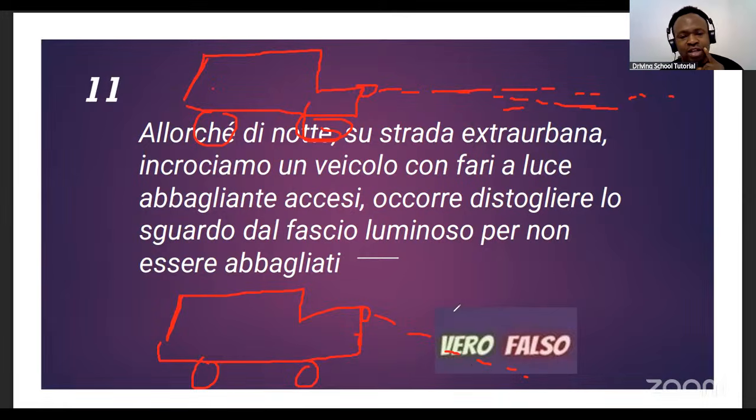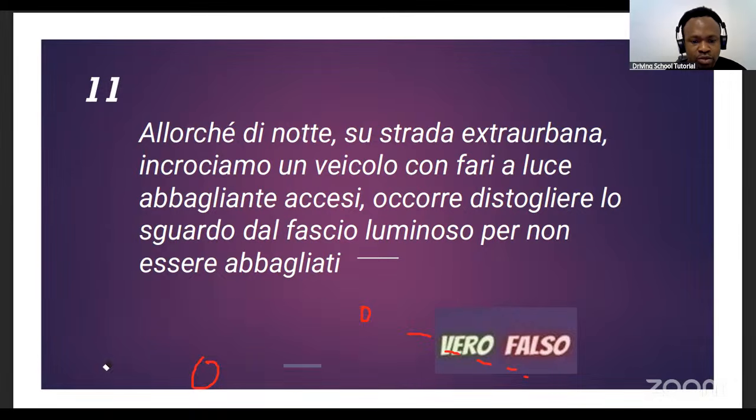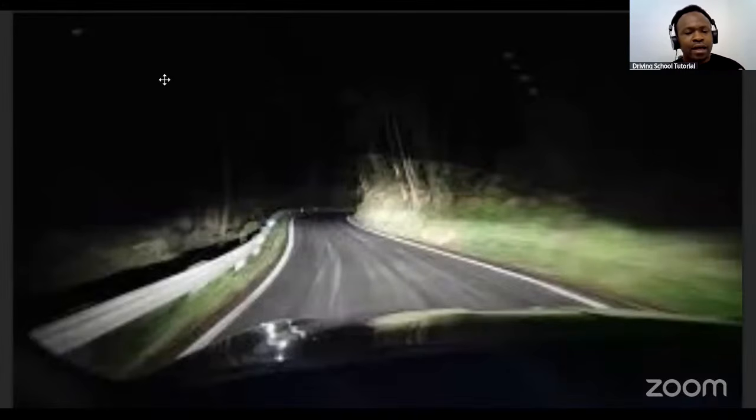So the question is saying that if you come across vehicles like this, you need to remove your face or your eye or your sight from the direction of this beam, so that the lights of this vehicle will not dim your eyes, which is true. Look at it this way, from this image here. Please permit me to cancel these ones. Now, for example, this is during the night hour, and this is luce abbagliante.